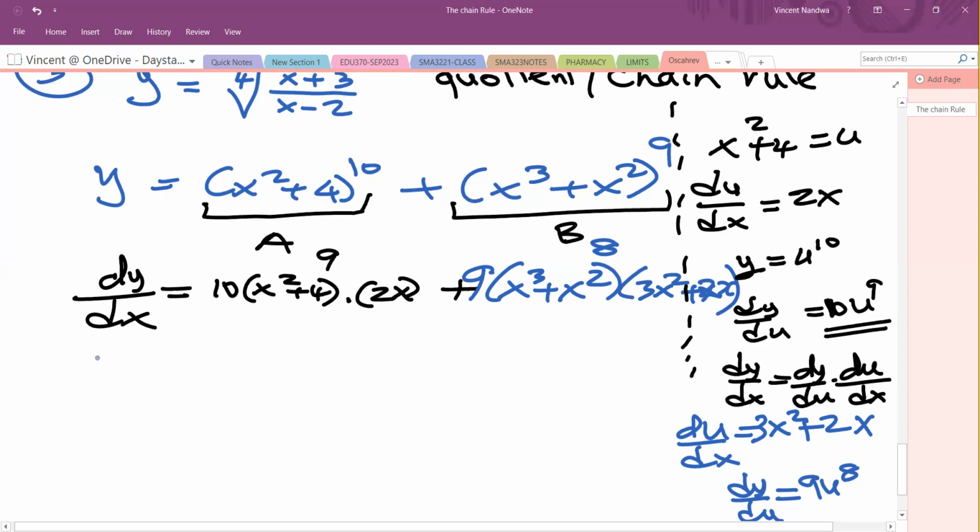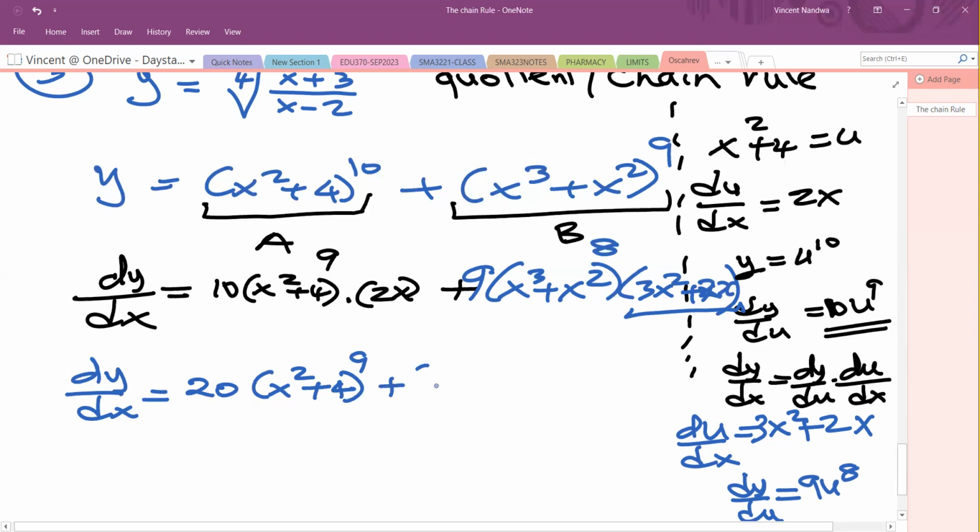So then now you can simplify further and say dy dx. This 10 you multiply by 2x, you get 20x, okay? And then power 9. Then this 9 you multiply by this bracket, which doesn't have a power. So 9 times 3x squared is 27x squared, okay?